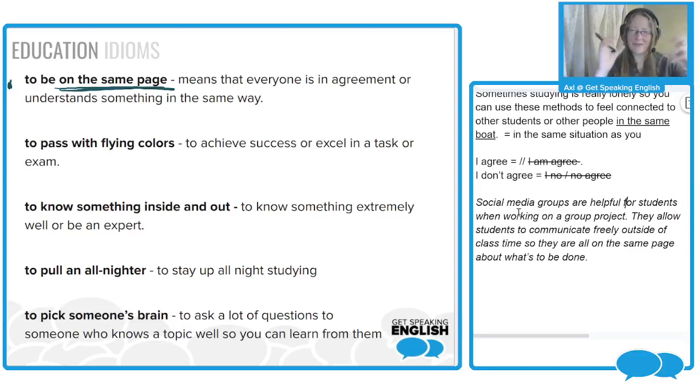If you can communicate freely, you can do it anytime without restriction, outside of class time. So they are all on the same page about what's to be done, about what's going on in the project. Everybody knows what's happening.